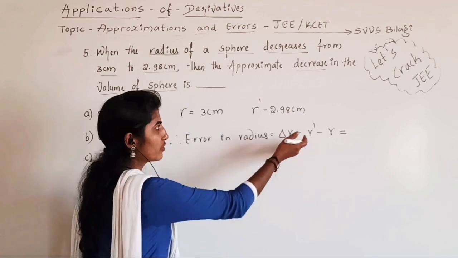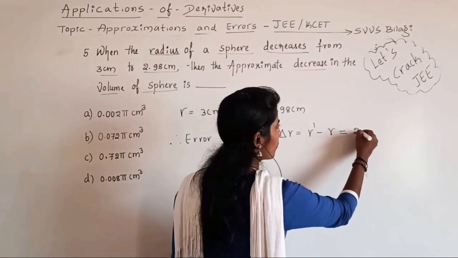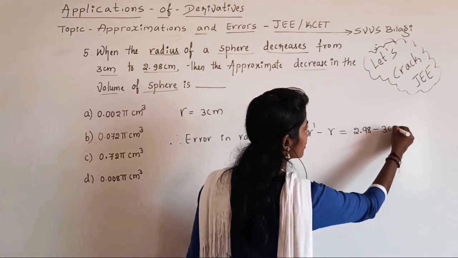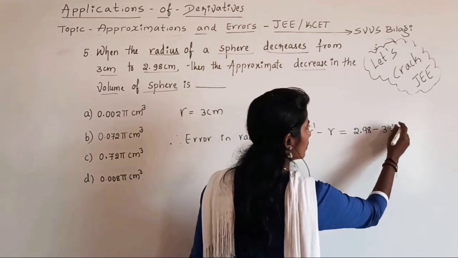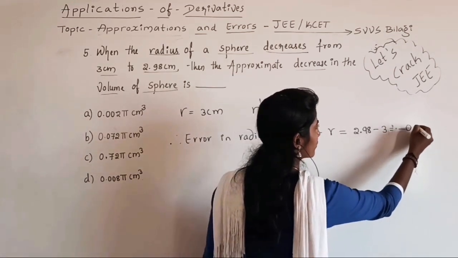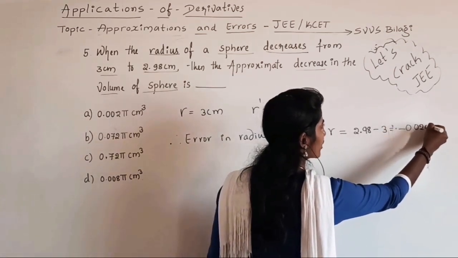That is equal to, what is your r dash? That is 2.98 minus r value is 3 cm. That is equal to minus 0.02 cm.